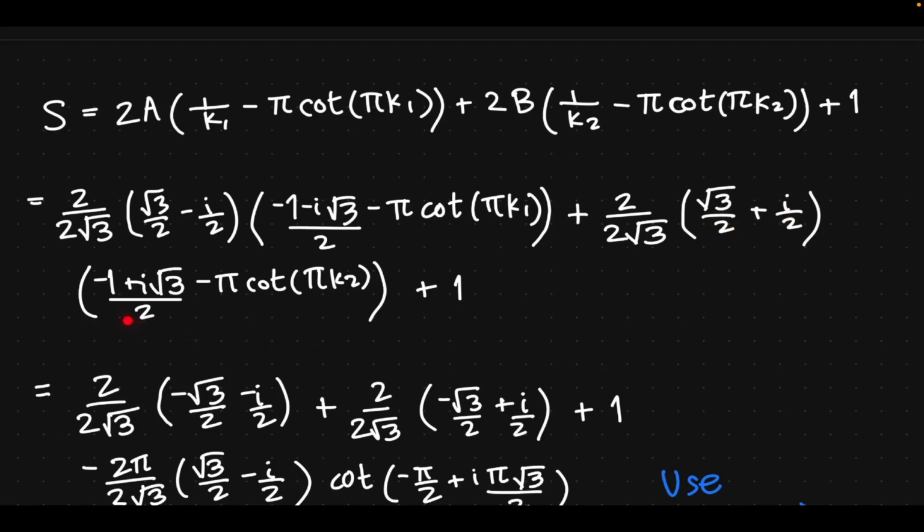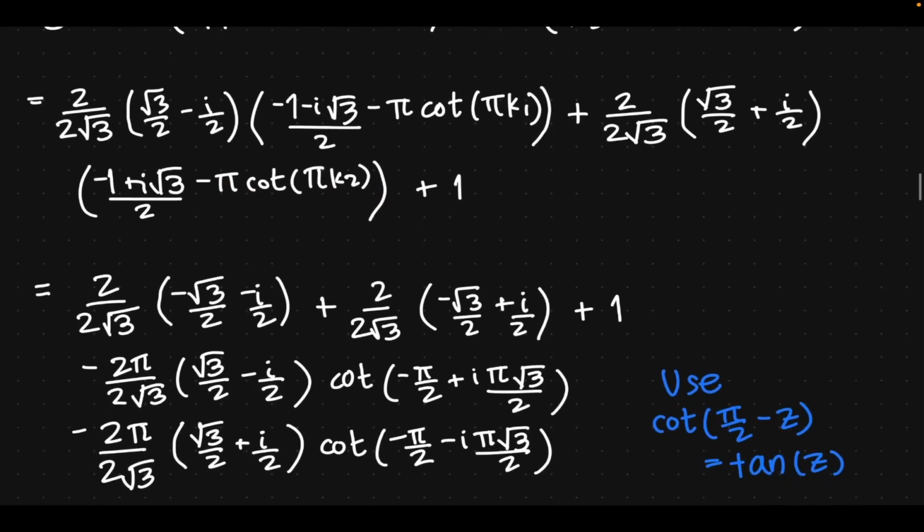And then in this bracket, we have minus 1 plus i square root 3 over 2 minus pi cotangent pi k2, plus 1. We can simplify this product. So this term outside the bracket, we can multiply with this first term. That just simply becomes the outside factor 2 over 2 square root 3, and the inner terms simplify to minus square root 3 over 2 minus i over 2.